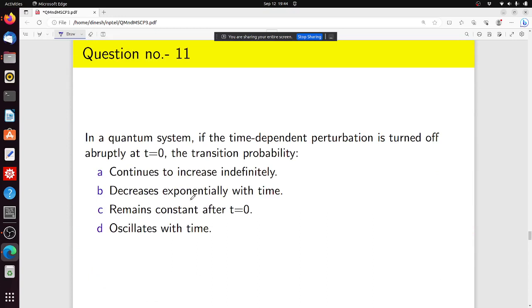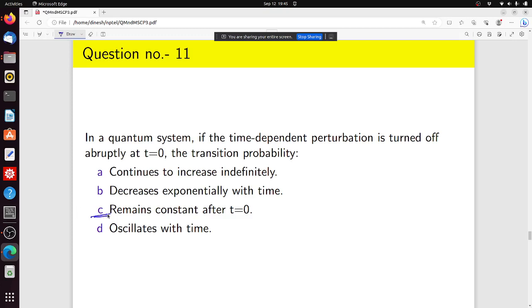Moving on to the next question. In a quantum system, if the time dependent perturbation is turned off abruptly at t equal to 0, the transition probability will... Option C, remains constant after.